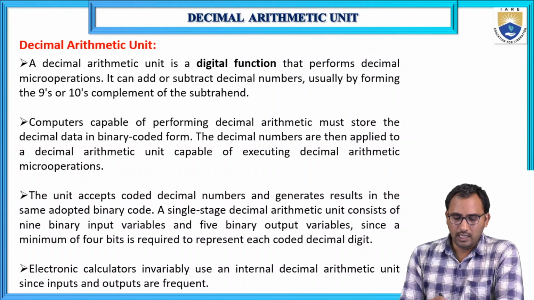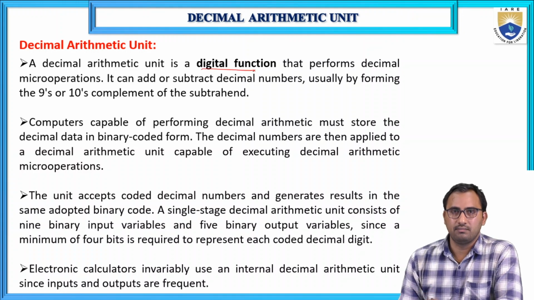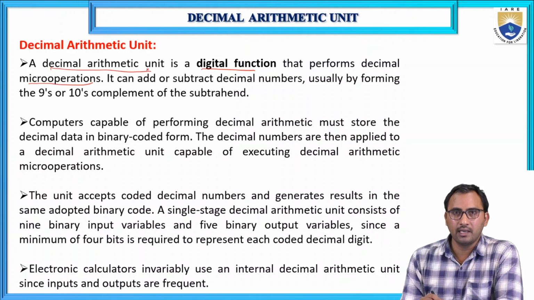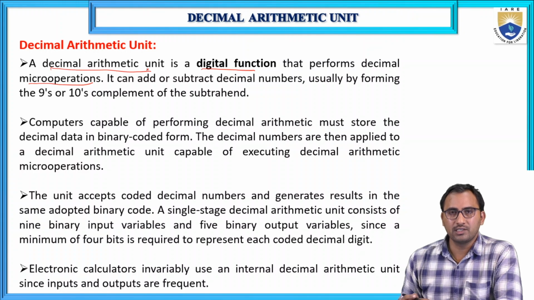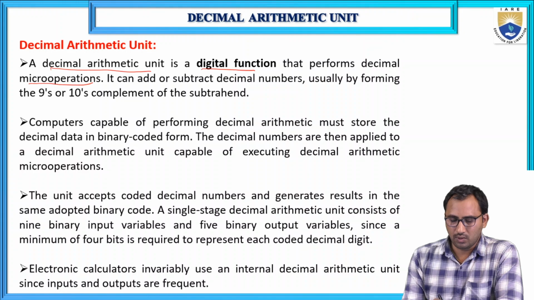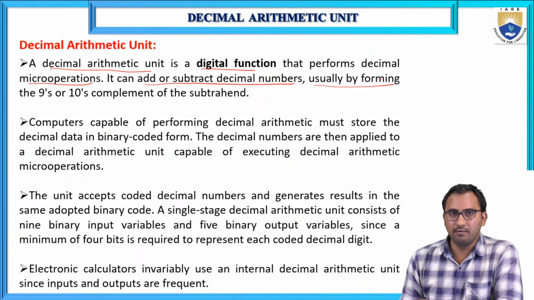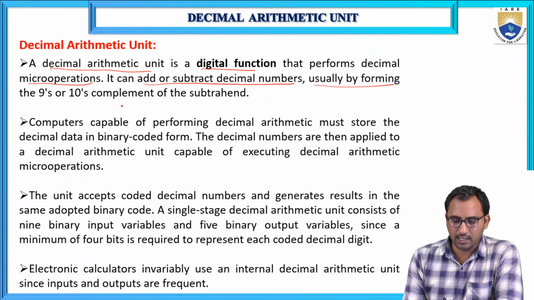A decimal arithmetic unit is a digital function that performs decimal micro operations. It performs various operations directly on decimal numbers. It can add or subtract decimal numbers, usually by forming the nines or tens complement of the subtrahend.